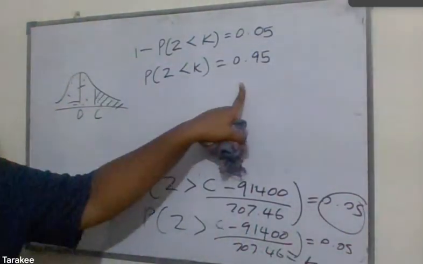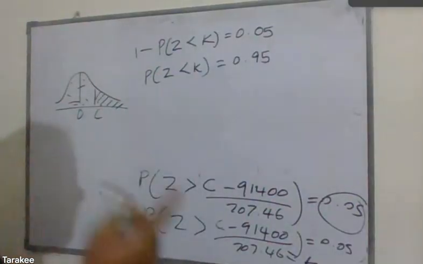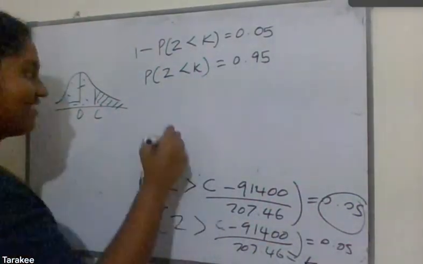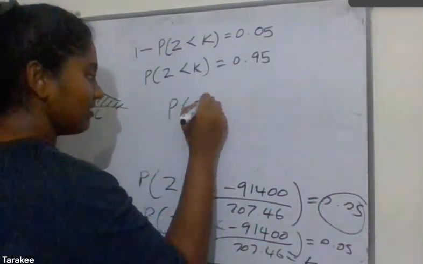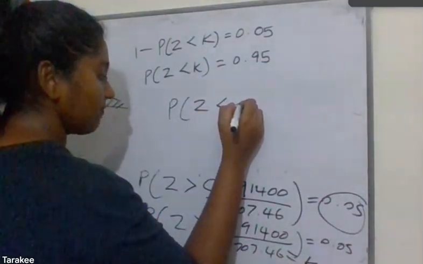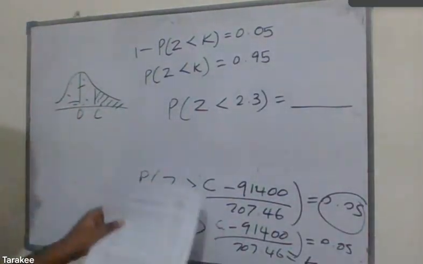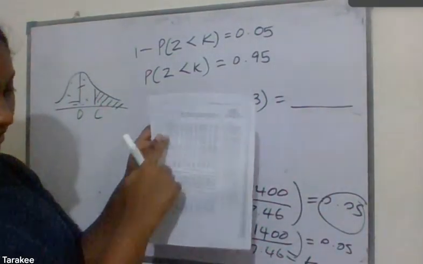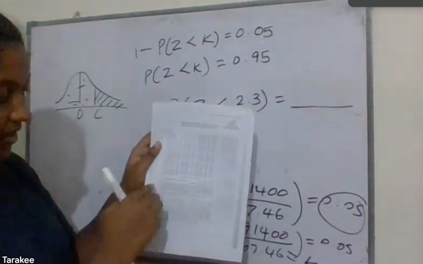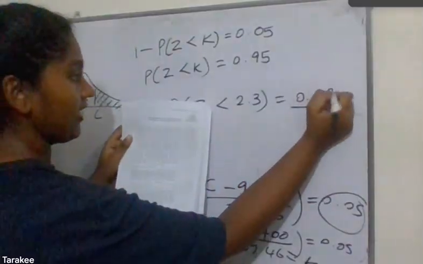Now we put in the value of 0.95. So we go to the table and check. Now make a reverse thinking, like reverse psychology. If we have something like Z less than 2.3, we have to find something. For 2.3 we go through the headers and find the value, which is 0.9893.